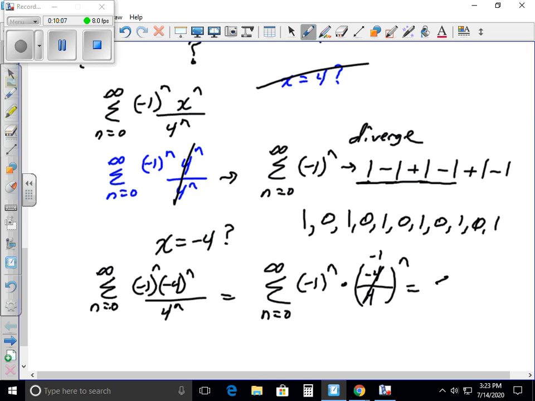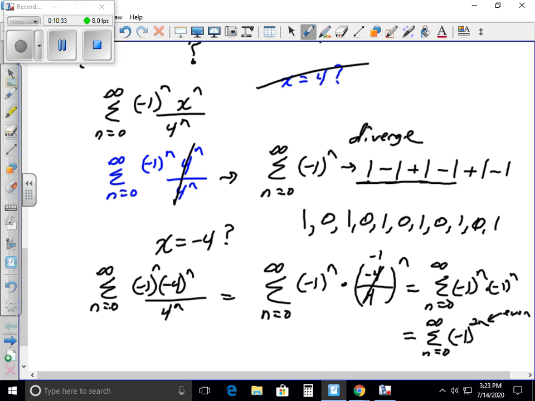So that's the sum from n equals 0 to infinity of negative 1 to the n times negative 1 to the n. Notice we have the same base, so we add the exponents. n plus n is 2n. Well, 2n is going to be even.